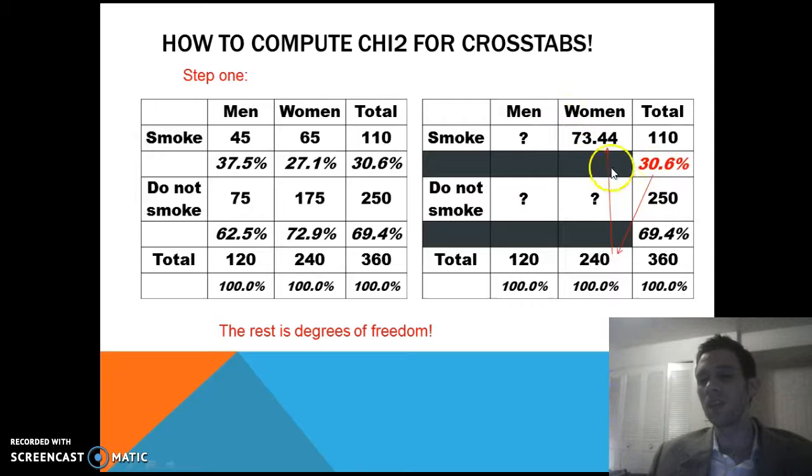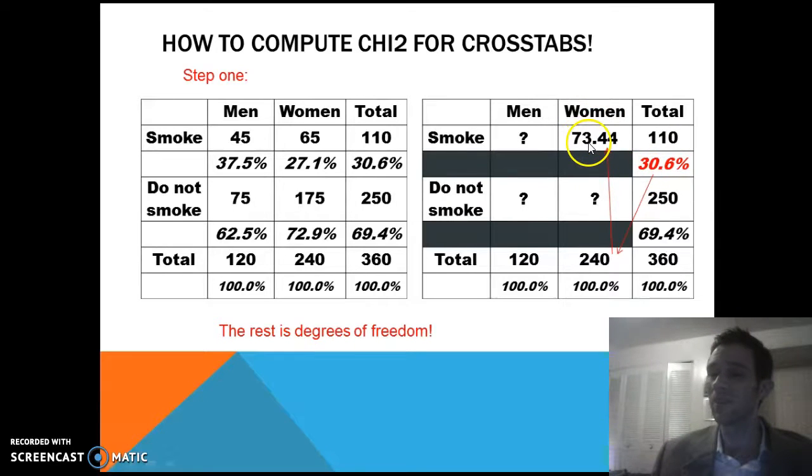Well, we would see them equal to this 30.6%, because they would just be the same as the percentage of people that smoke. The independent variable of sex, male and female, doesn't add anything. So here we have 30.6. We multiply that by 240, and we get 73.44. So all we're really doing there is this is the total number of women, and we're finding the number that is 30.6%.